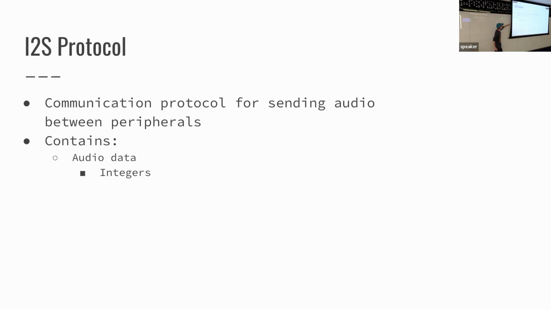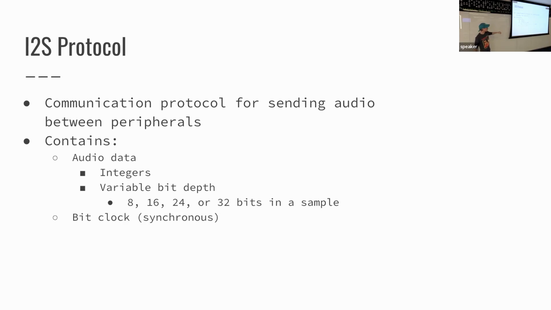The audio data in that protocol is integers, not floats. And each integer can store whatever amount of data resolution. We'll talk more about how the bit depth affects the audio, but these things are all configurable in the user code.